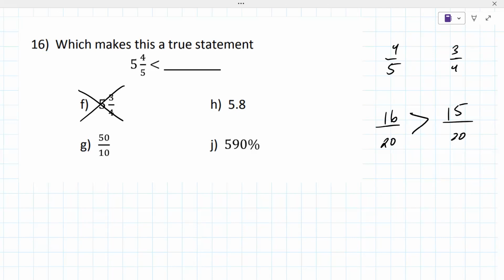Let's take a look at the next one there. 50/10. Maybe reduce that, see what that reduces to.